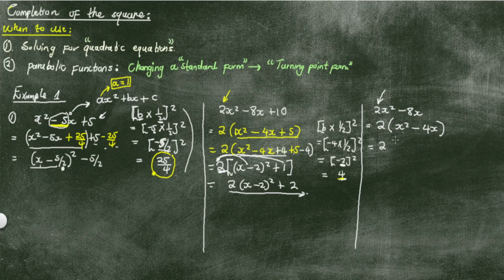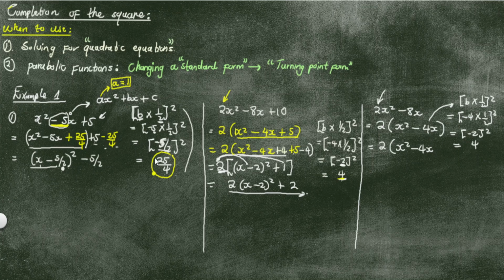Then we are going to complete the square again. It's minus 4x, and then we take b, multiply by a half, then we square. What is b? Minus 4 times a half squared is equal to minus 4 times a half, minus 2 squared, is equal to 4.